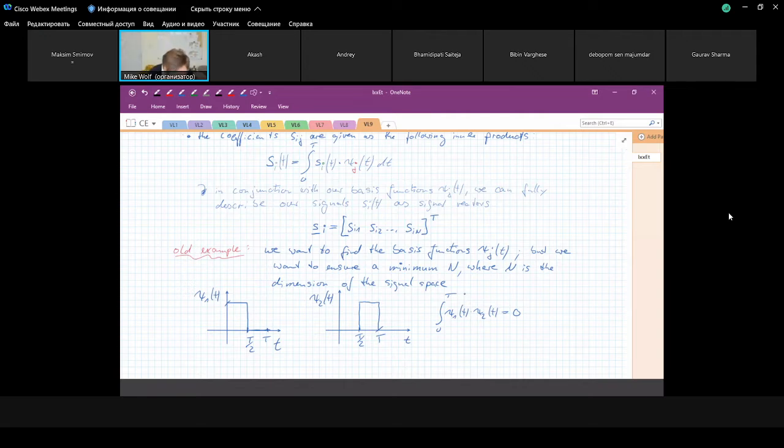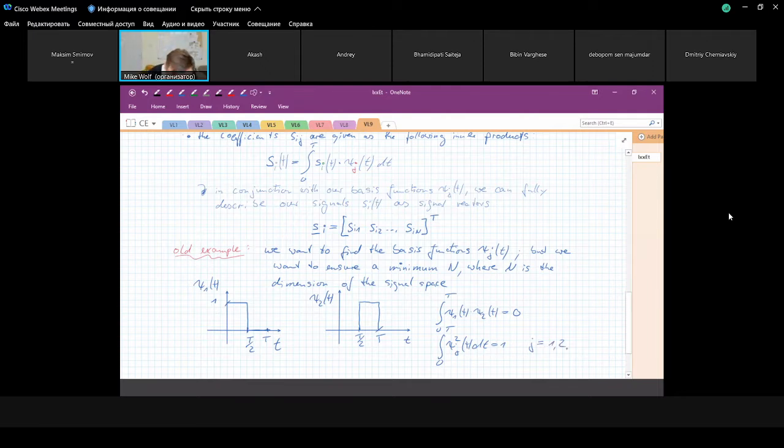So if we would write here 1, for instance, as the amplitude, then the integral would be T by 2. But we want to ensure the integral of psi_j squared of t dt is equal to 1. This is the other characteristic, j equal 1 or 2.